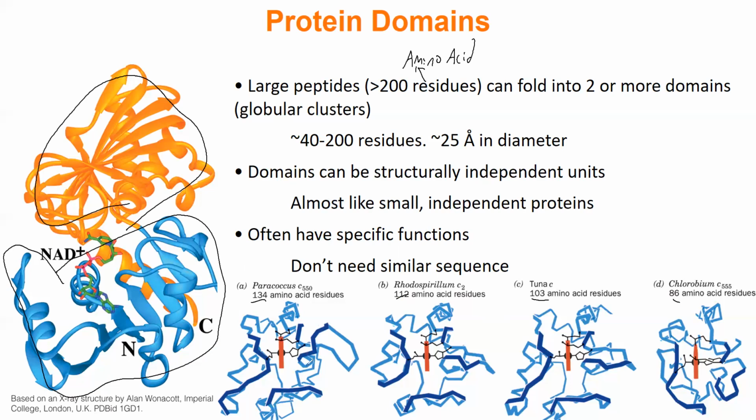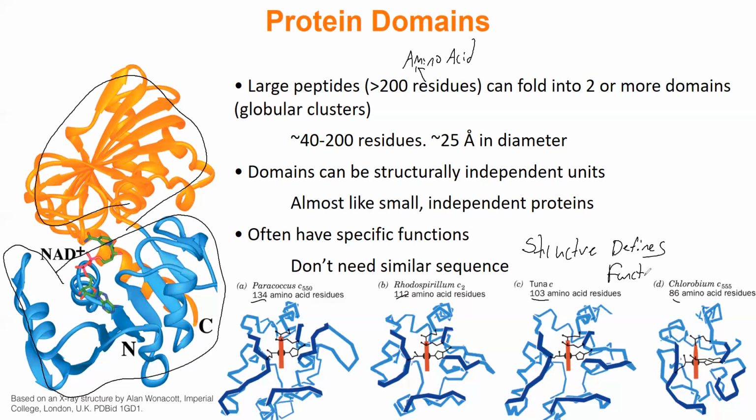However, all of these domains do the same thing. They all have the same function. So that really tells us that it's not so much to care about sequence. It's more, what do you look like? Because really, structure defines function.